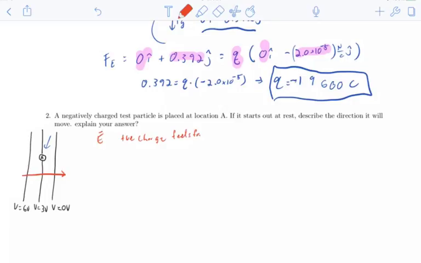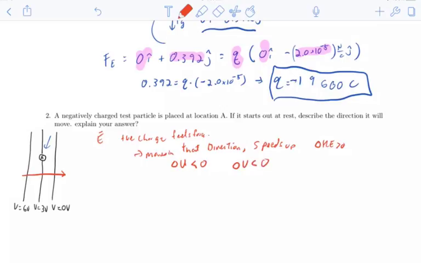So if it moves in that direction, it speeds up. So delta KE is increasing, so delta U has to decrease, and so delta V has got to decrease.